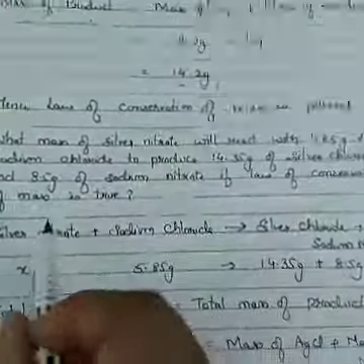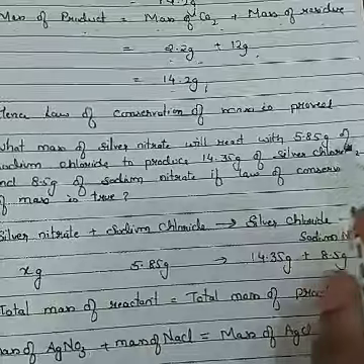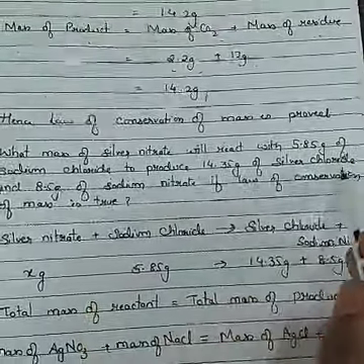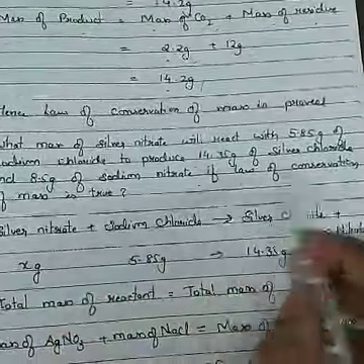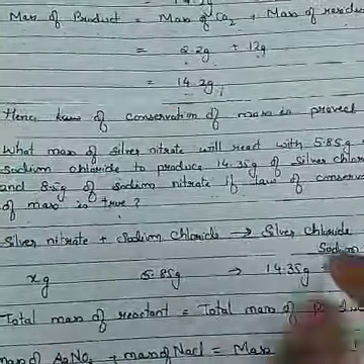Next, what mass of silver nitrate will react with 5.85 grams of sodium chloride to produce 14.35 grams of silver chloride and 8.5 grams of sodium nitrate, if the law of conservation of mass is true? So try to frame the equation.